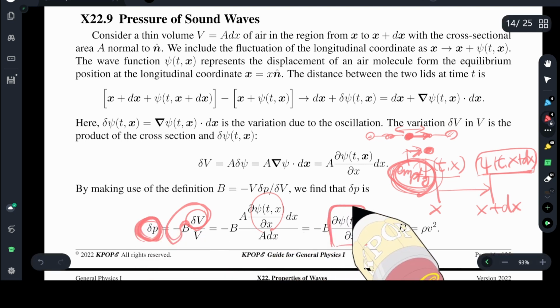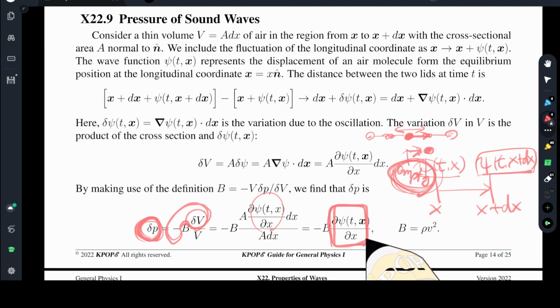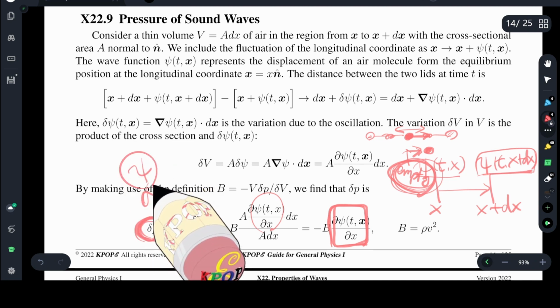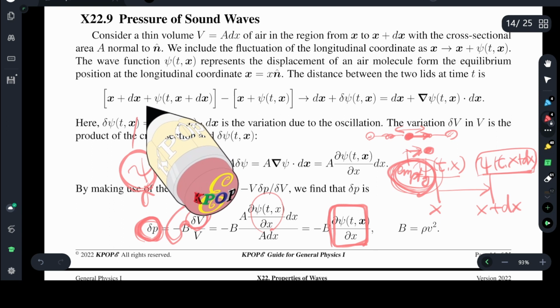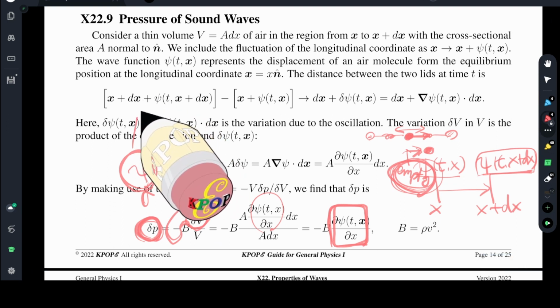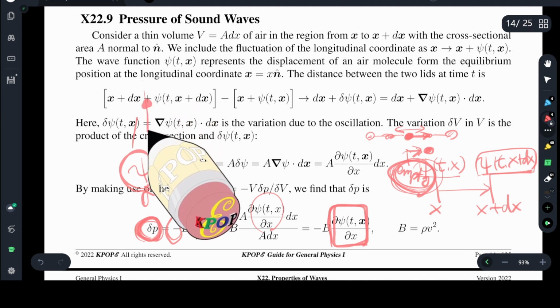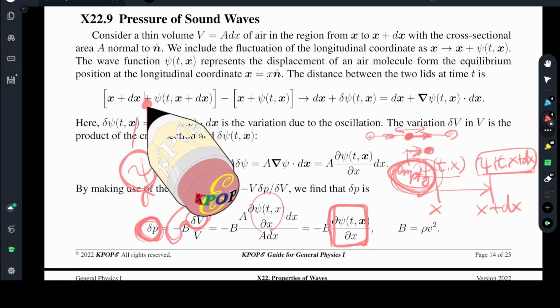The change in pressure is proportional to the spatial derivative of the wave function. So pressure is not proportional to the wave function itself. That's the good point. And the wave function is the shifting oscillation from the equilibrium position. If it is at the equilibrium position, the pressure is at the maximum value.